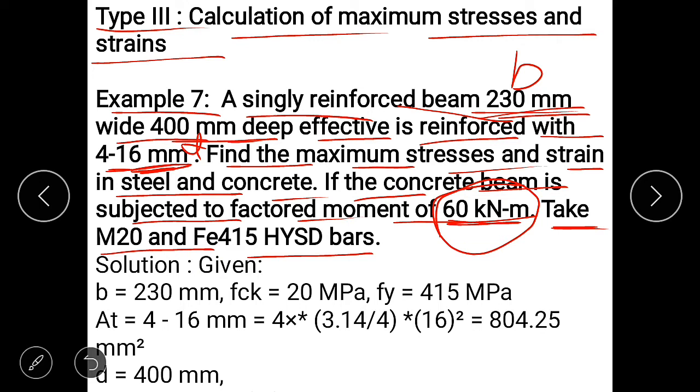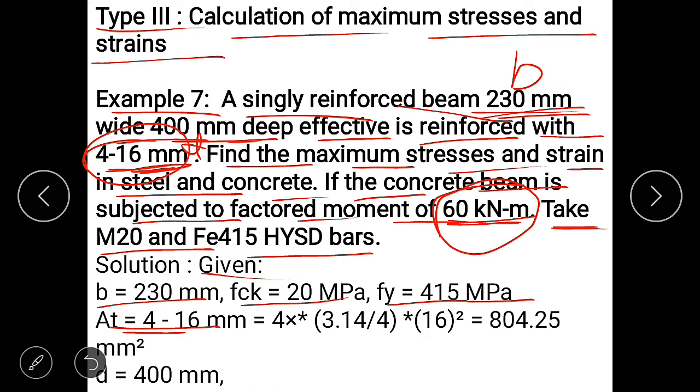So the given data is: b is 230, fck is 20, the characteristic strength of concrete, fy, the grade of steel, is 415 MPa. Ast is given as 4 bars of 16 diameter.